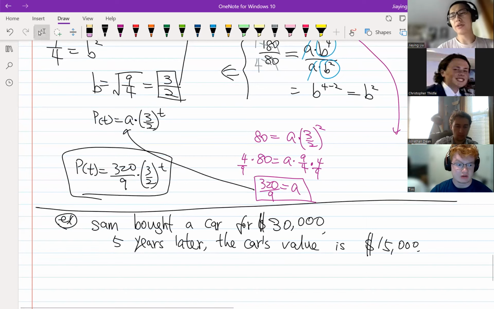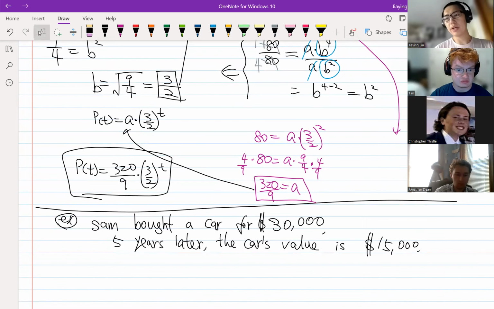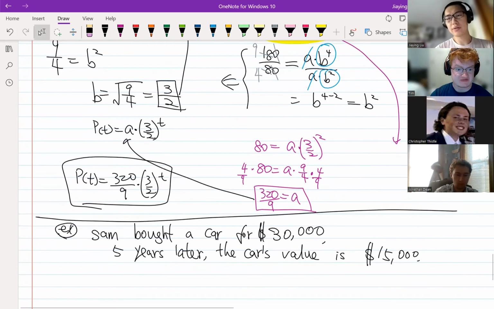I have one question. Will this formula work every time, even for dollar questions like this? That's a good point. You're probably thinking about compounded interest, like depositing money.